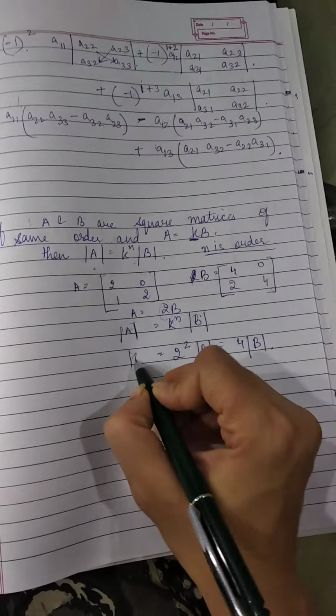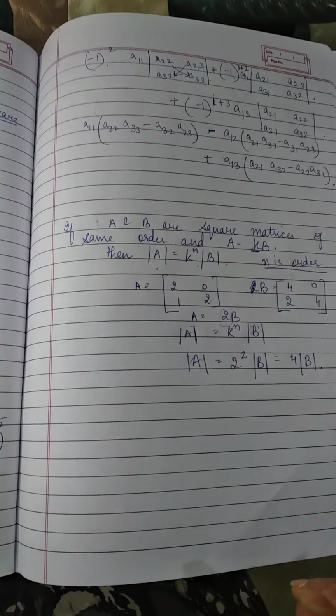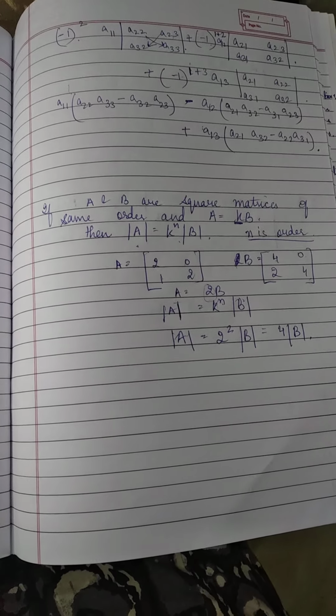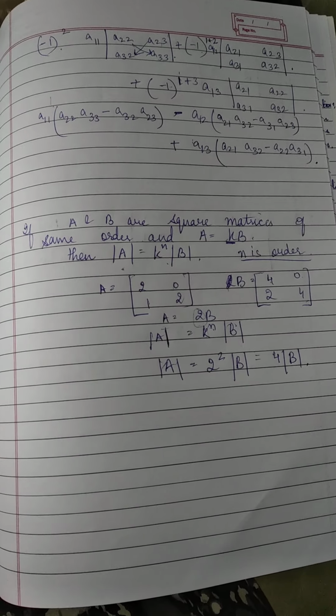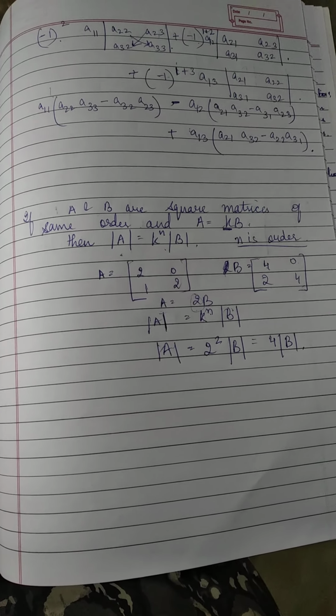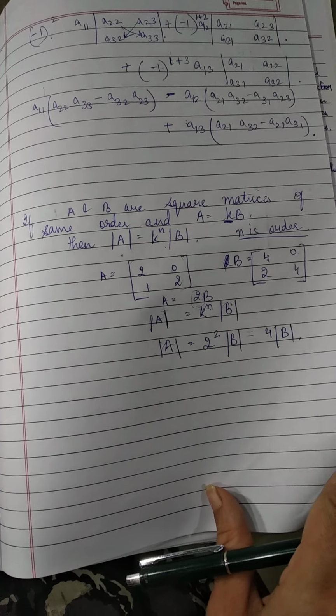So determinant of A will be 4 times determinant of B in such a case. So you have to remember, if A and B are square matrices of the same order such that A is equal to K times B, then determinant of A is equal to K to the power n into determinant of B, where n is the order of the matrix. I hope it's clear.